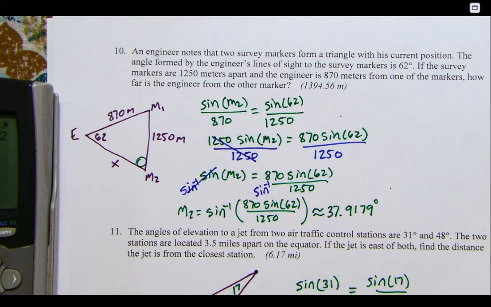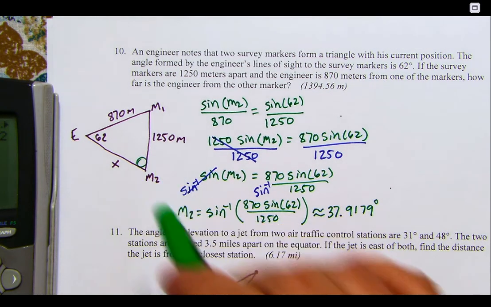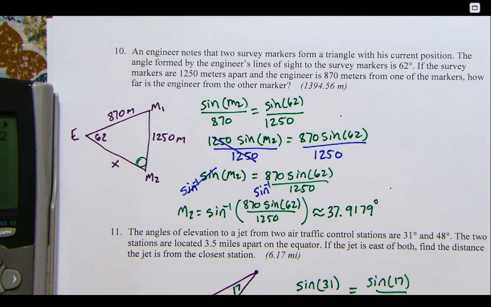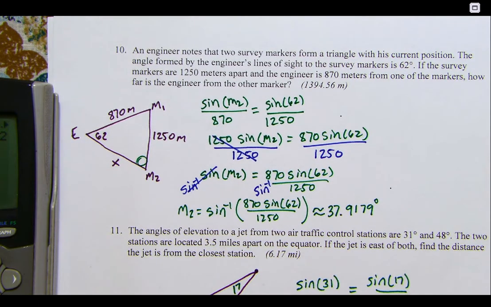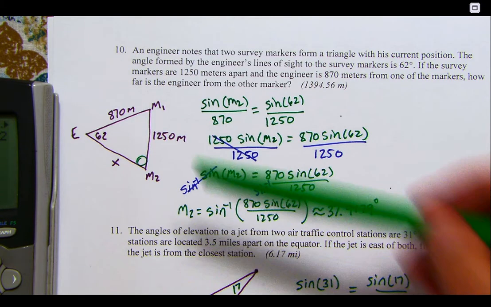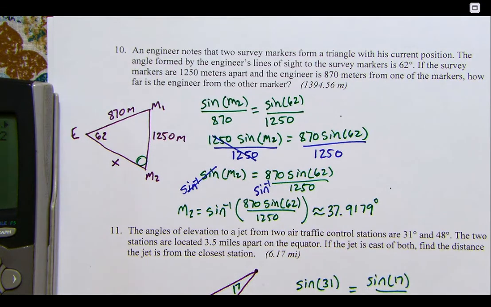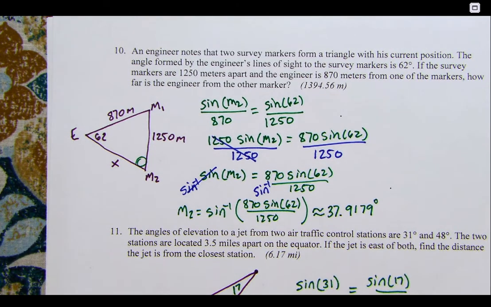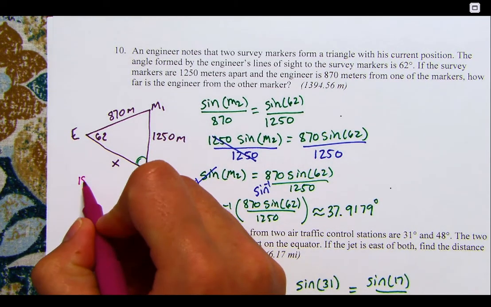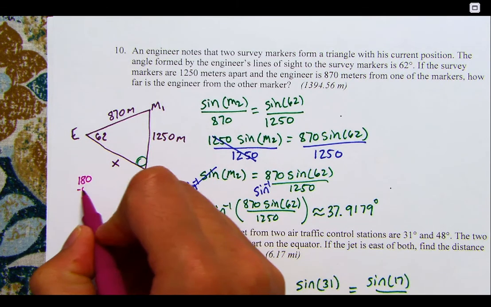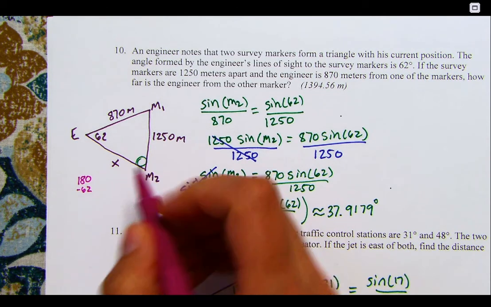Okay, so that gives me this angle right there. Now, I'm not going to write it in there because it's going to get really sloppy and kind of squishy together. But now I do know that angle. Okay. So now that I have two angles, that means that I can find that missing angle up there. So to do that, I am taking 180 minus 62 minus the angle that we just found.